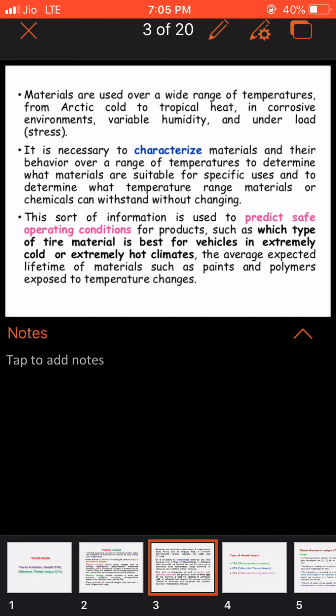So after studying those materials in those instruments which use varying temperatures, we can obtain information which can be used to predict safe operating conditions for such products.